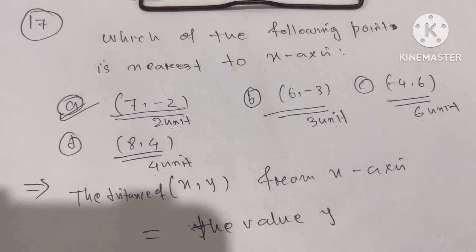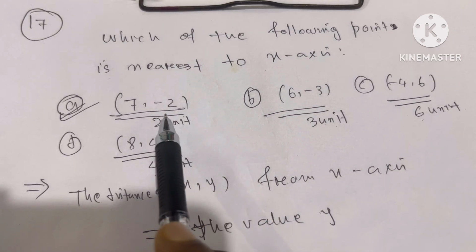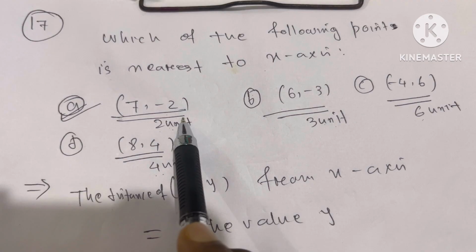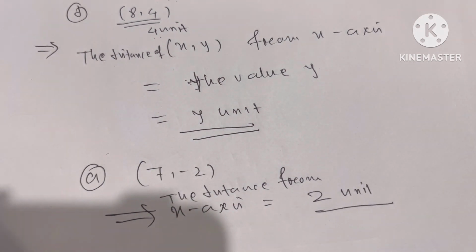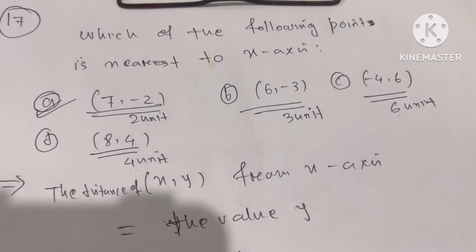Only see the value of y and find the smallest one, then we'll get the answer. For finding the distance from x-axis, you see the y value, and for finding the distance from y-axis, you see the x value. Very simple, isn't it? So option A is correct.